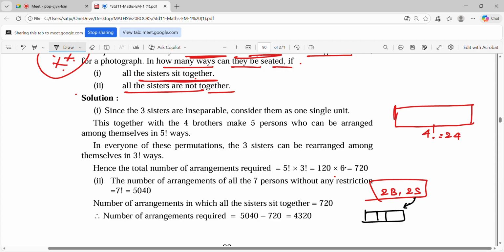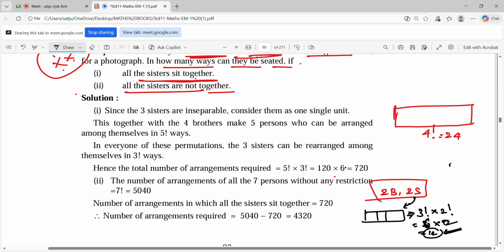So therefore 3 people. Understood everyone? These 3 can be seated in 3 factorial ways. The 2 sisters can be seated in 2 factorial ways. Here 6 into 2, which is 12. This 12 is the seating together.